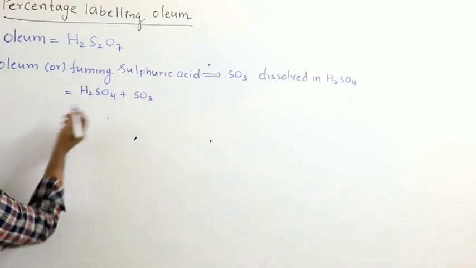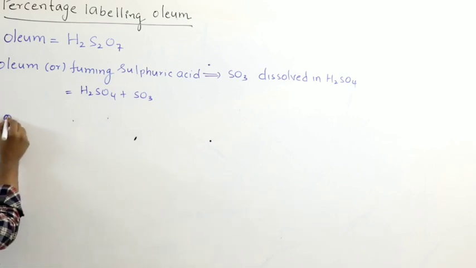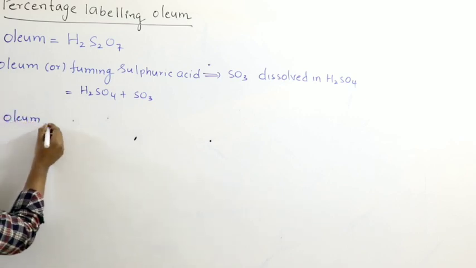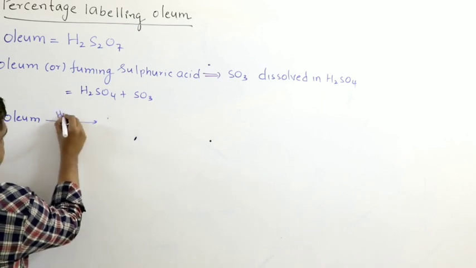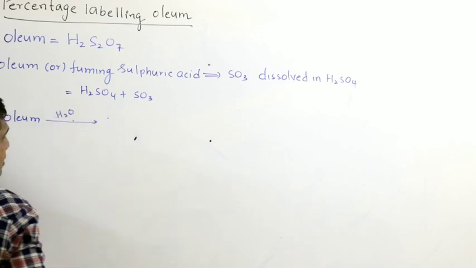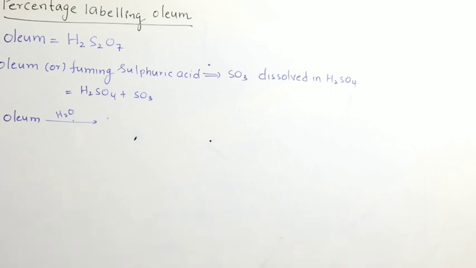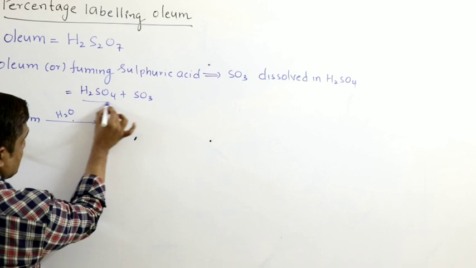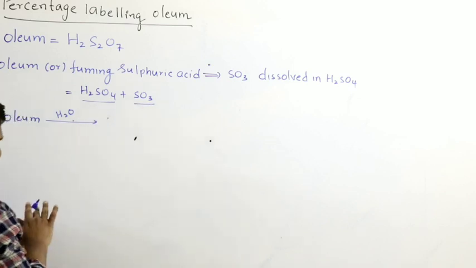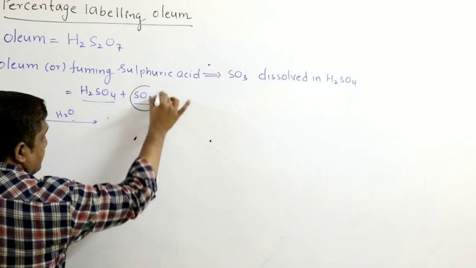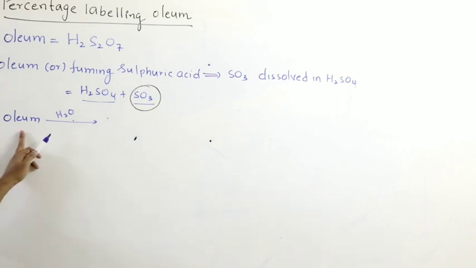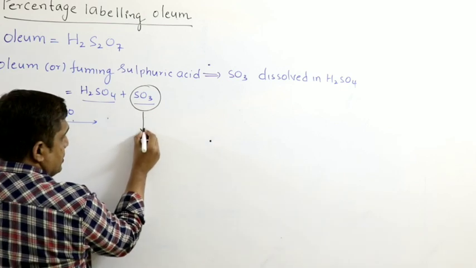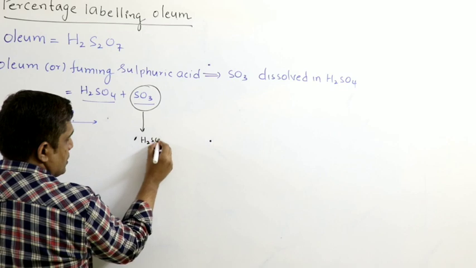Now to this oleum, if you add water, again you will get some more H2SO4. Why? What is oleum? It is a mixture of H2SO4 and SO3. The SO3 present in oleum reacts with water and converts into H2SO4.